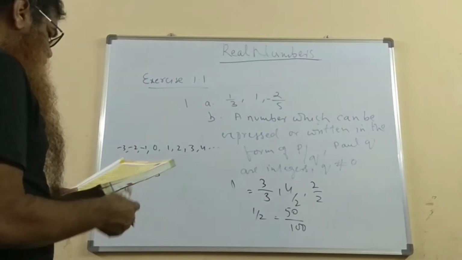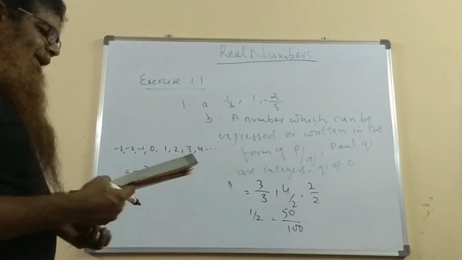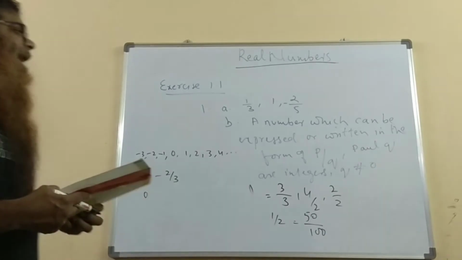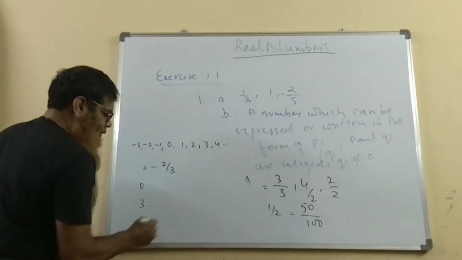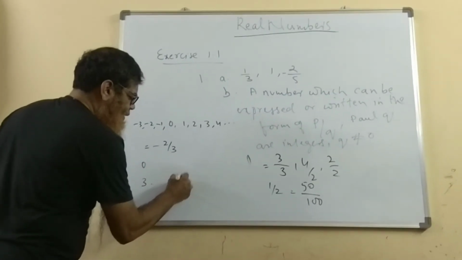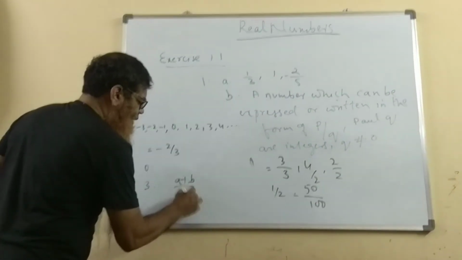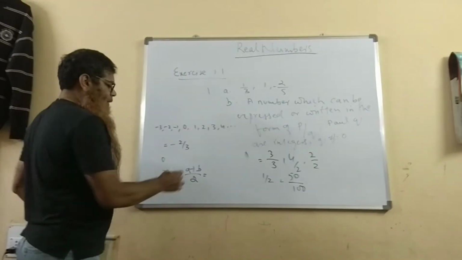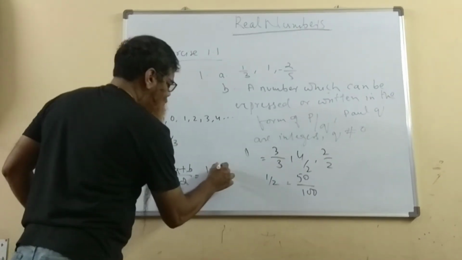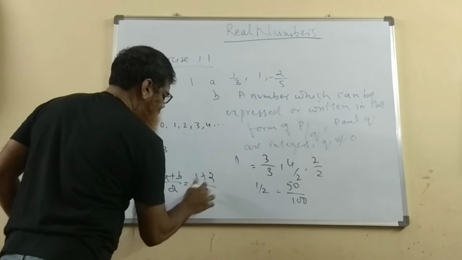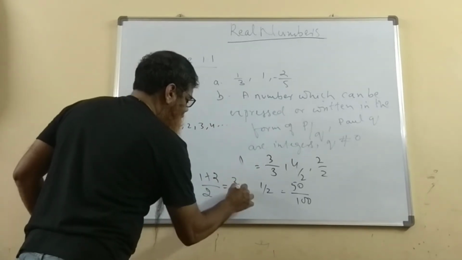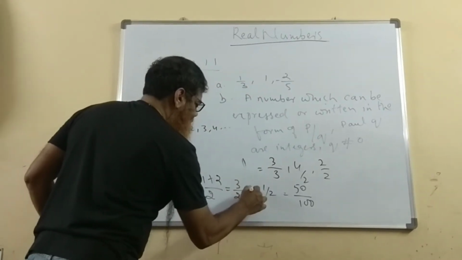Then the third question: find 5 rational numbers between 1 and 2. We know we have to do it with the mean method, in the form of a plus b divided by 2. So 1 plus 2 divided by 2 is equal to 3 by 2, that is equal to 1.5.